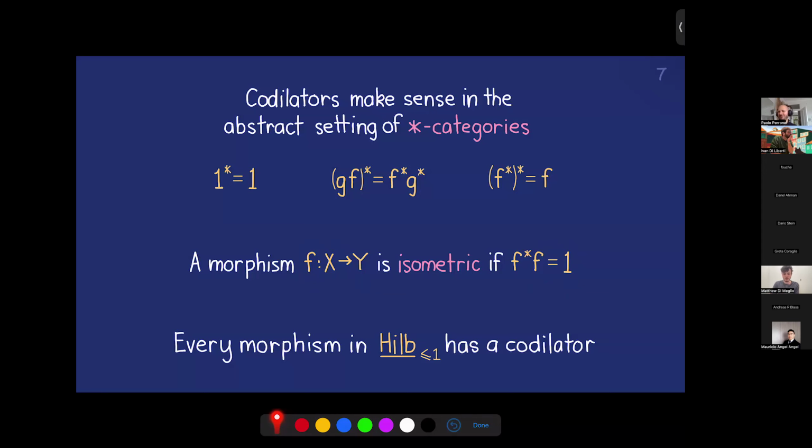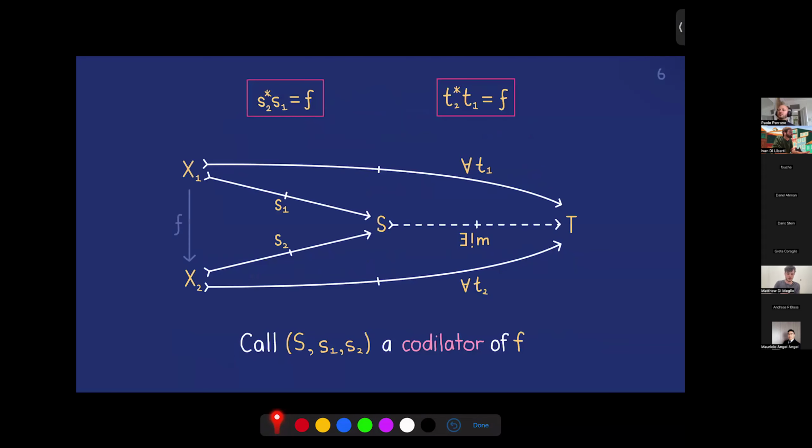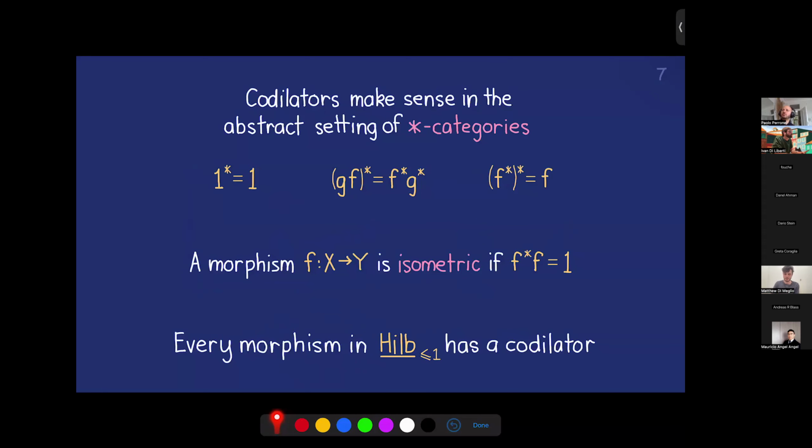And so what I explained in the previous couple of slides is that every morphism in this category of Hilbert spaces and contractions has a codilator. So it has a cospan of isometries like this, that's universal in the sense that I described before.